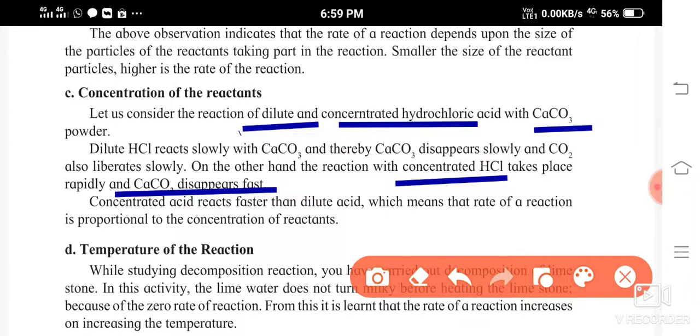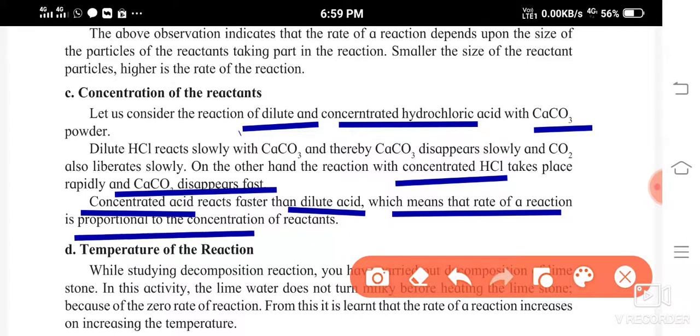Now, concentrated acid reacts faster than dilute acid. So you're going to compare these two, concentrated acid and dilute acid. What is going to happen? Concentrated acid is going to react faster, whereas dilute acid is going to react slowly, which means that the rate of reaction is proportional to the concentration of reactants.